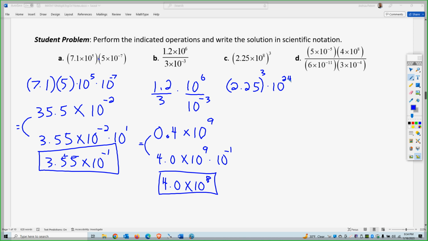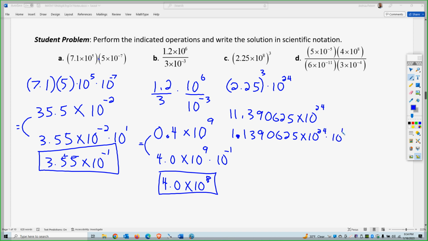So let's see, 11.390625 times 10 to the 24. Okay, so the problem being this needs to be 1.13900625 times 10 to the 24. But this number is smaller than the original by a factor of 10, right?